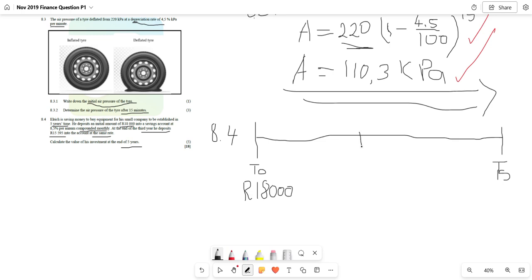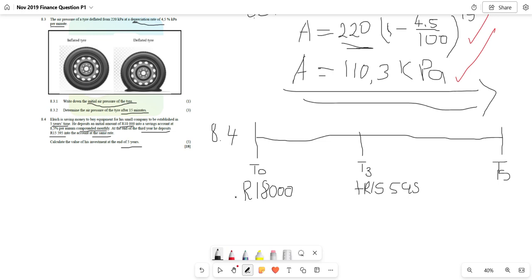Then you must go to T3 anywhere here. What is happening at T3? There is a plus. You must indicate it with a plus because there is a further deposit. A further deposit of how much? A further deposit of 15,595. Then after this further deposit, there is no other amount that we have there.